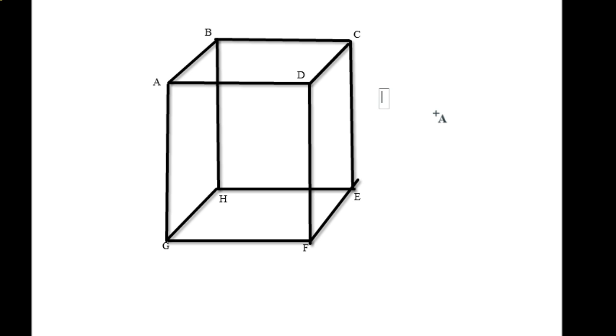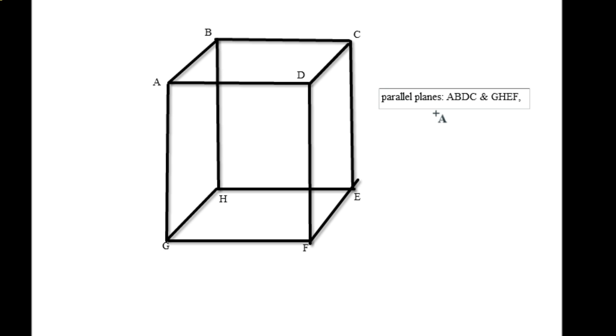Oops, I'm like yelling it at you. Parallel planes would be AB, DC, and GH, EF, however you want to say it.